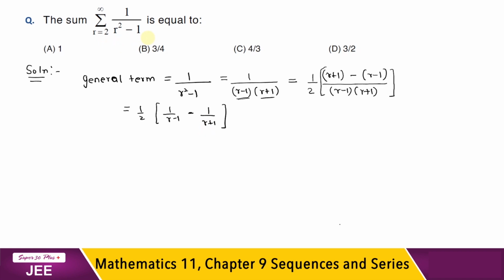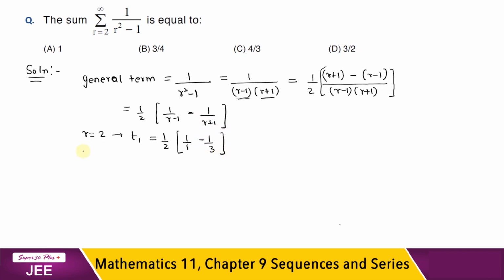So now from the general term, in order to determine each and every term, we will have to substitute the values of r. For the first term, r is going to be equal to 2 because the series summation is starting from r equals 2. So corresponding to r equal to 2, we are going to get t1. So t1 becomes 1 by 2, substituting r equal to 2 over here and over here as well, so this becomes 1 minus 1 by 3.